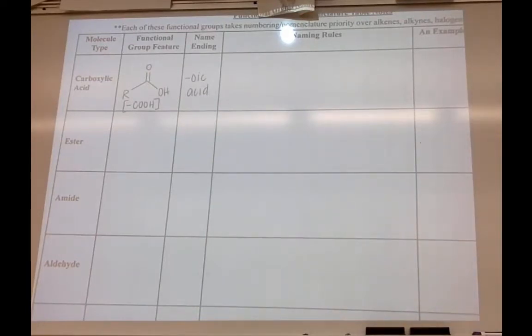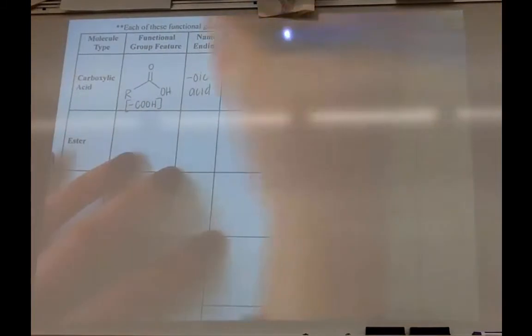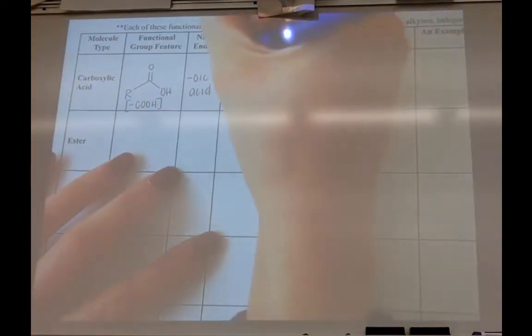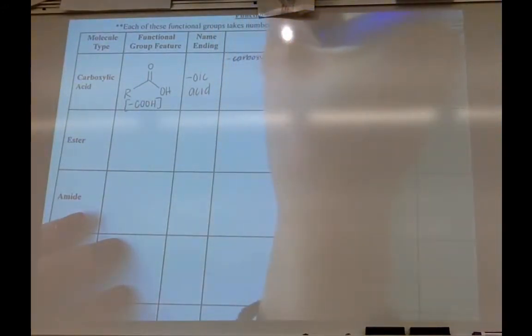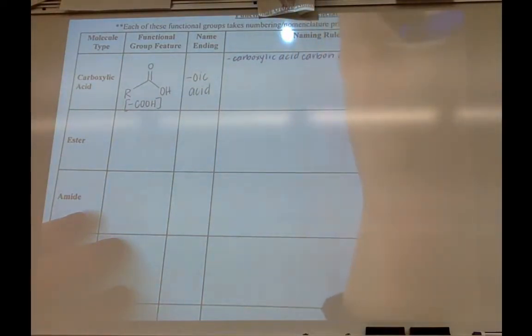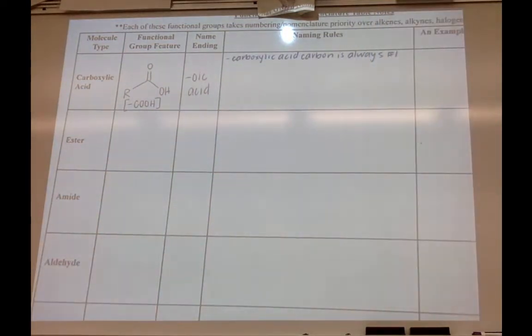Now, when it comes to the naming rules themselves, we're just going to write out the naming rules. So, the carboxylic acid carbon is always number 1. So that carbon that's part of the carboxylic acid is always carbon 1. Then we number our parent chain.